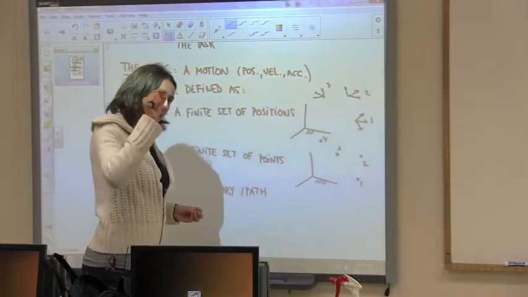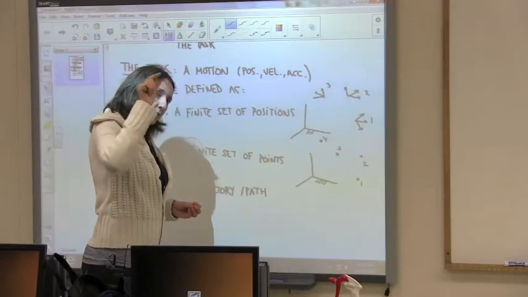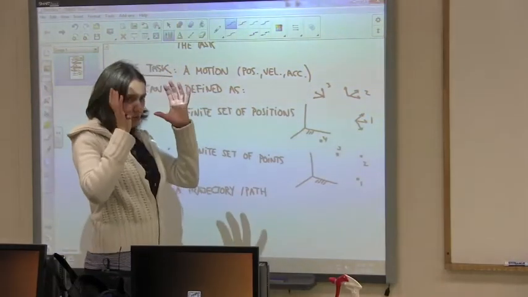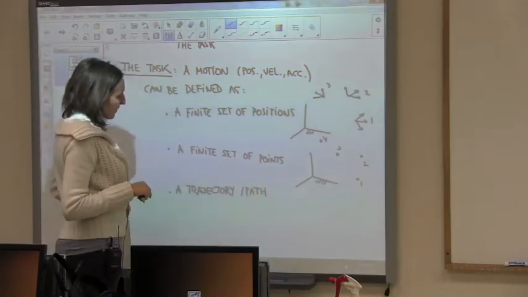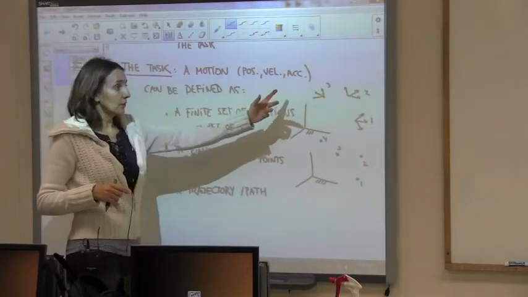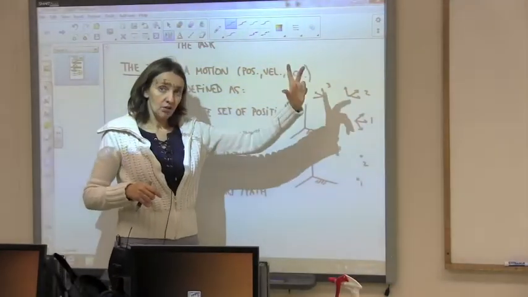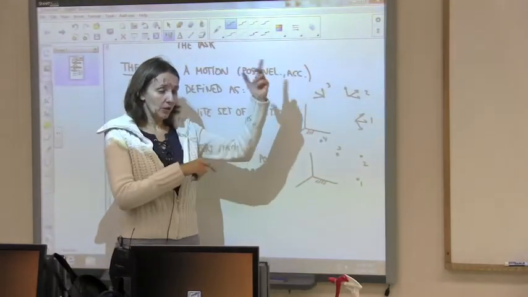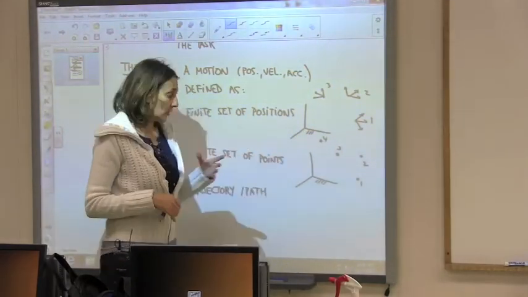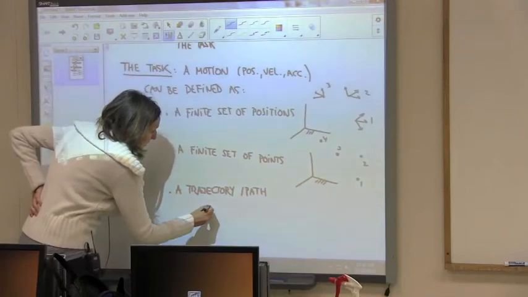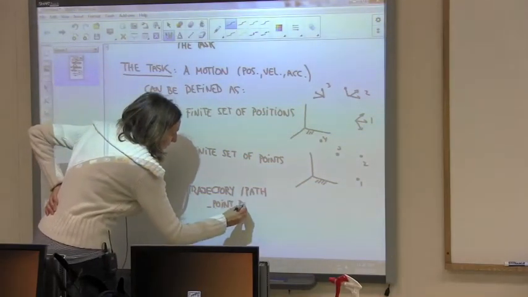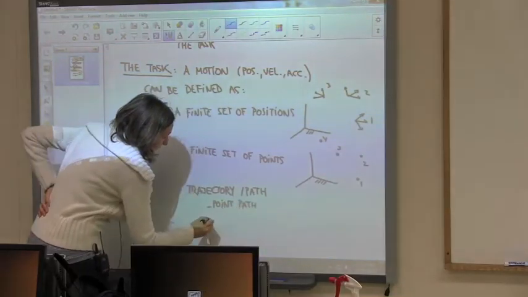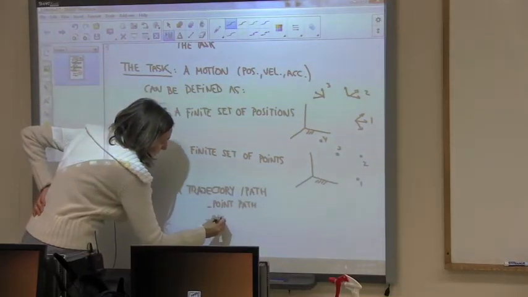So it has to pass through this point at t1, so you have a time stamp associated to your task. A trajectory or path could be of a rigid body, location plus orientation, or it could be just a point. So it could be a point path, or a rigid body guidance.